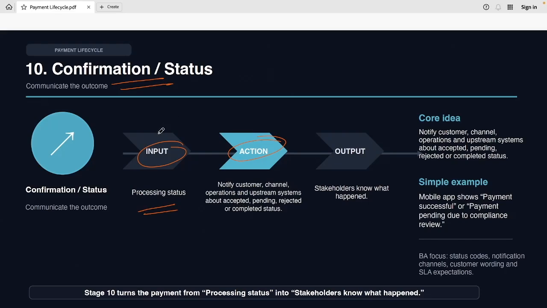In this particular stage, the BA will basically be concerned about the status codes, the status descriptions, status sequence, customer-facing messages, internal messages, and so on. Stage 10 basically converts a technical processing status into understandable information for the customer and other stakeholders.